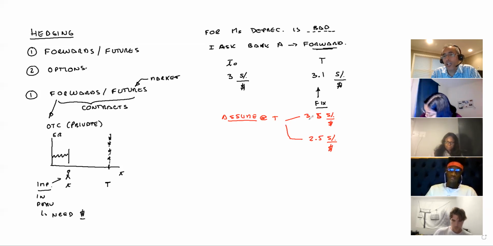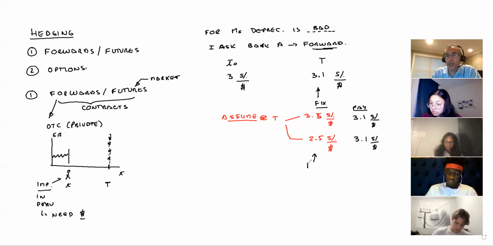Okay, so what happens in this one here? What you are going to pay when you buy dollars, what are you going to pay? Always it is going to be 3.1. So it's indifferent of the exchange rate in the market. So this is my market exchange rate.